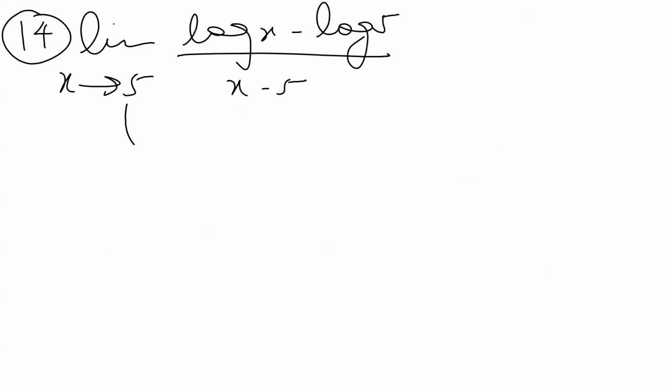Now if you put 5 over here, 5 minus 5 is going to be 0. Any simplification is not really possible. You can do log a minus log b is log a upon b, but then that will not help us further. It will be pointless.